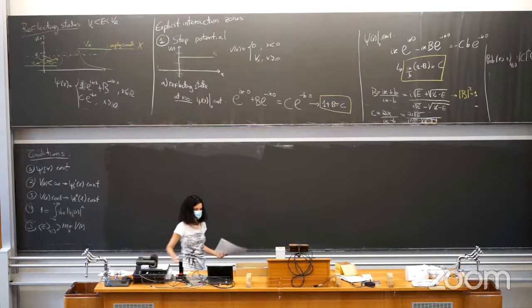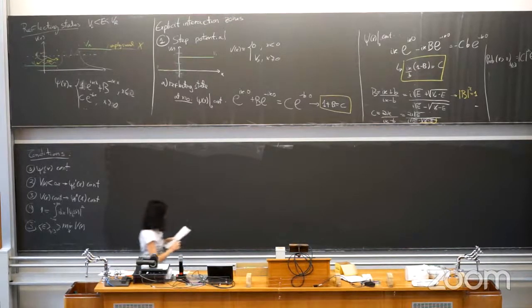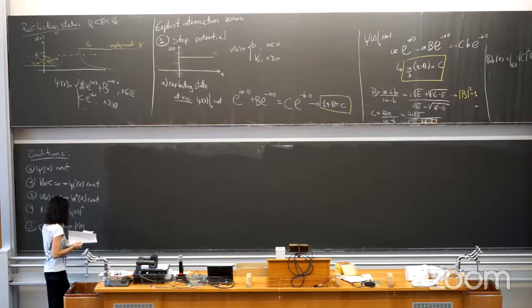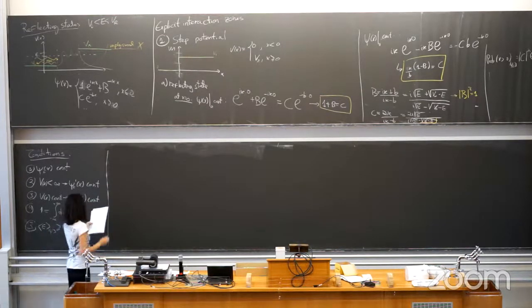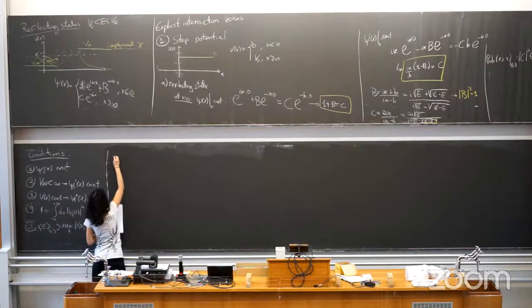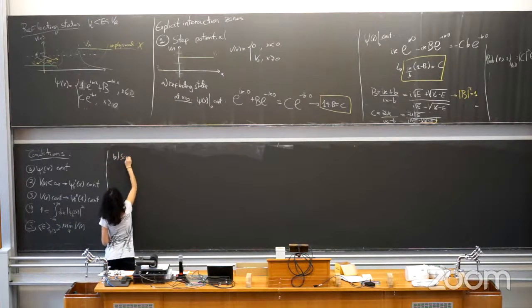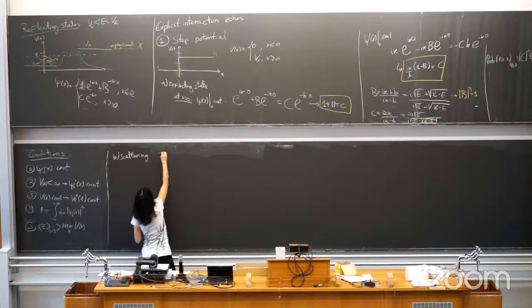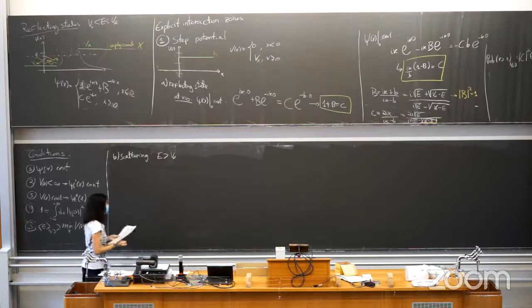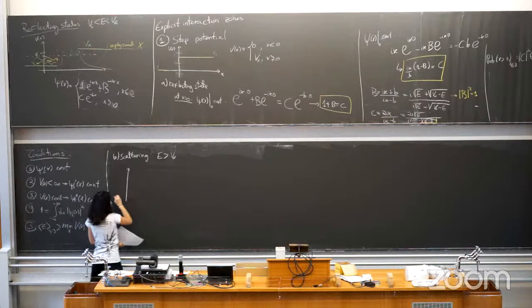And now the next case, which is also not a lot of fun, the ones after will start to be more fun. So the other case is the scattering case or state, which is when E is larger than V0. Meaning we are in this situation.